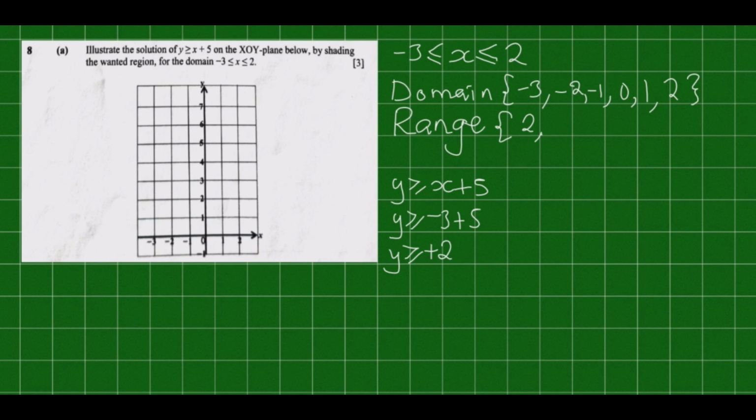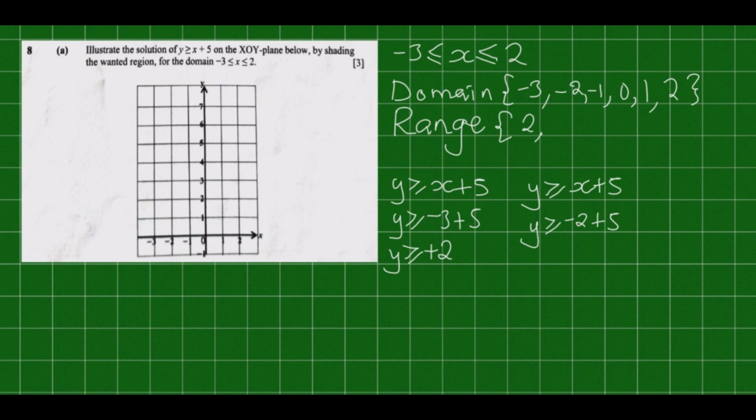Then we come to the second domain given, which is -2. So we use the same function, which is y is greater than or equal to x plus 5. Now, what is the value of x? We're saying it's -2. So when x is equal to -2, what will be the value of y?